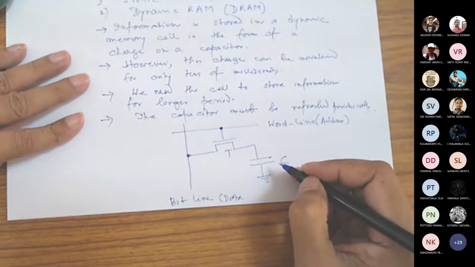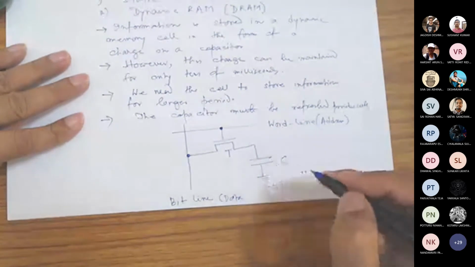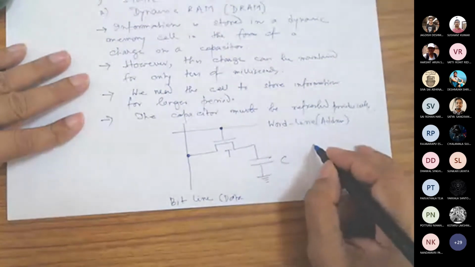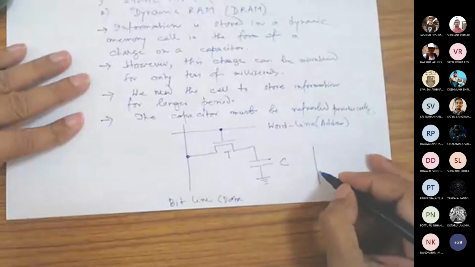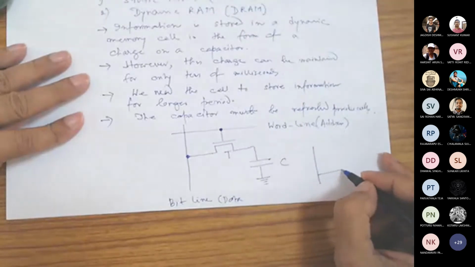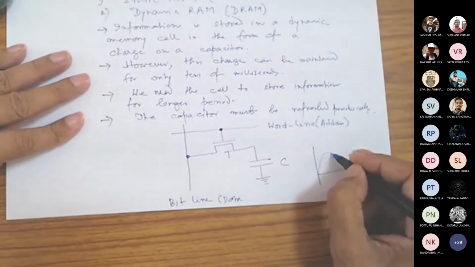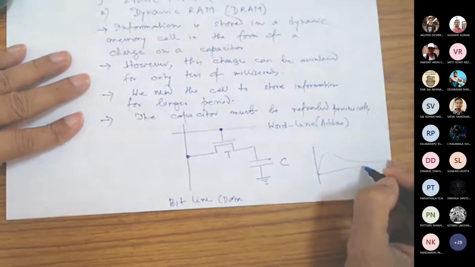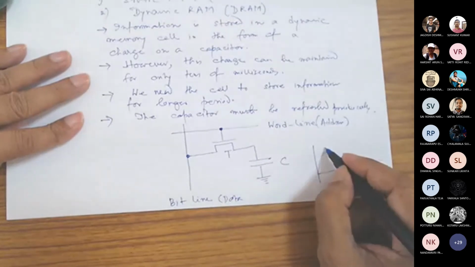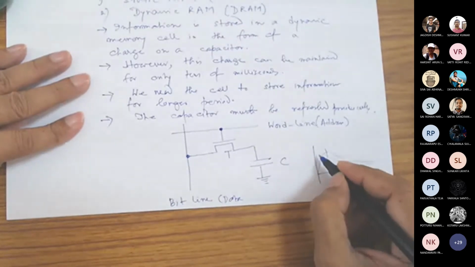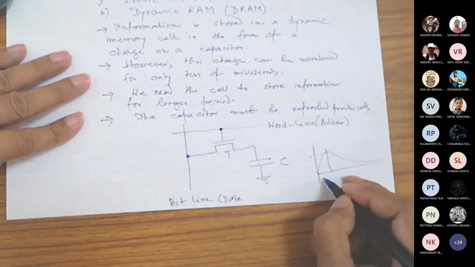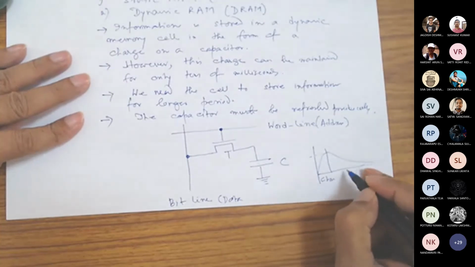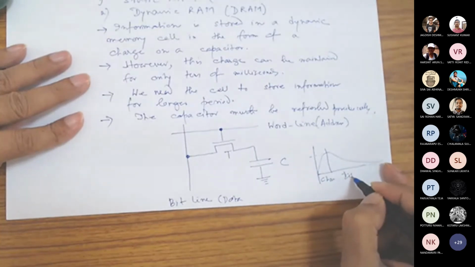And you know that after some point of time, because the capacitor has a characteristic, it's like this. If you remember, the characteristic is something like this. This is charging time. This is discharging time.